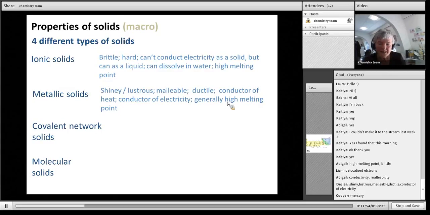So the ones down at the bottom, lead, mercury, gold. As I said last time, they go more under quantum physics rather than the general chemistry rules. The heavier an element gets, it actually starts becoming more and more gaseous.